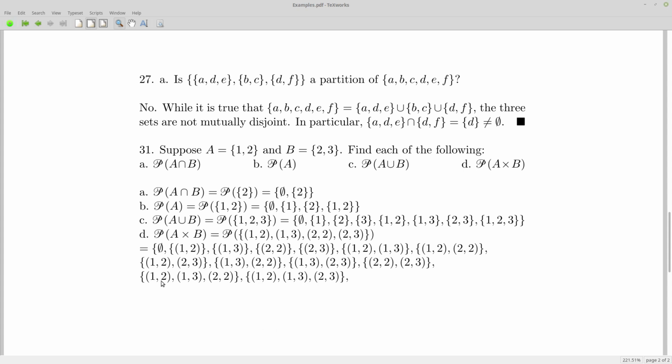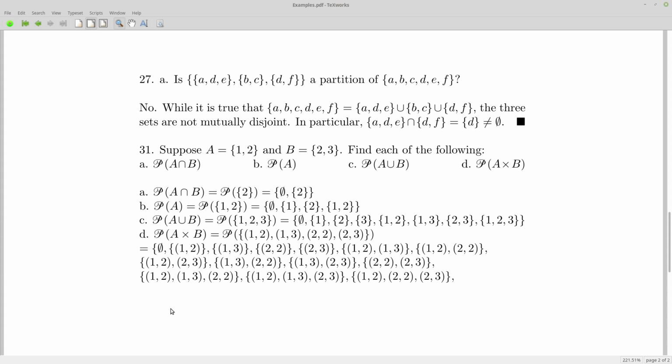Now this is all the possibilities that use both (1, 2) and (1, 3). So I'm going to keep the (1, 2) and get rid of the (1, 3), which leaves me with only one triplet possible: (1, 2), (2, 2), (2, 3).